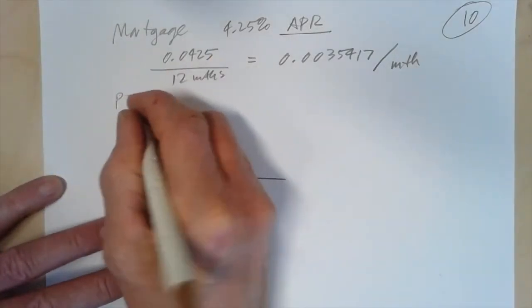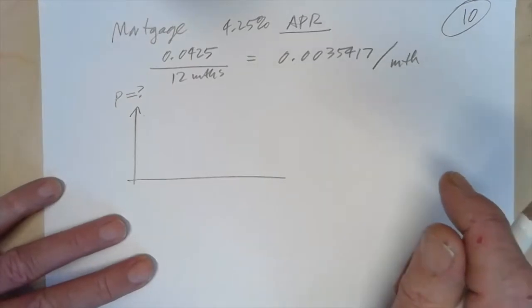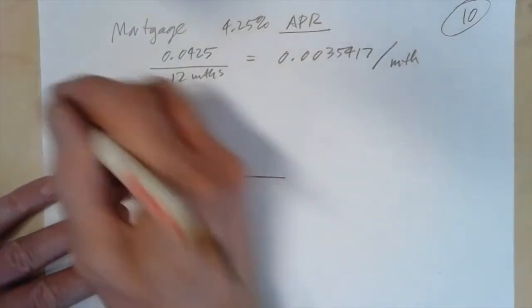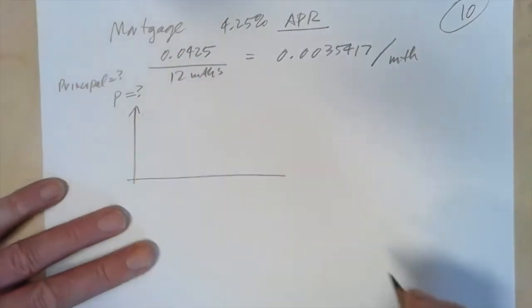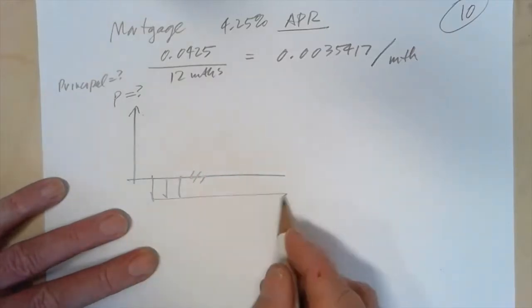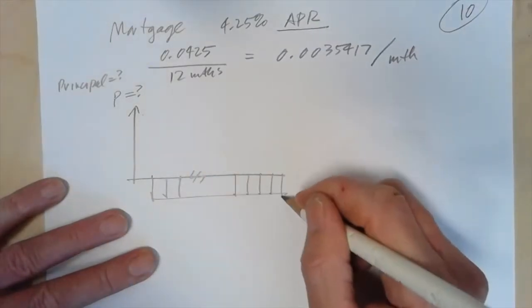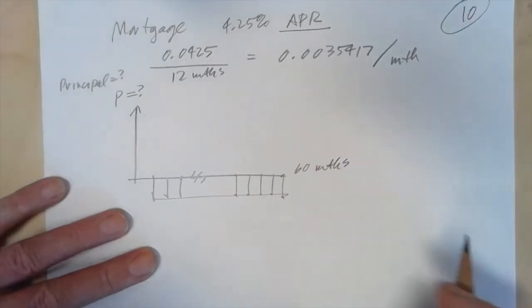Now, I don't know exactly how much I owe the bank, which is my principal. So I don't know what my principal is, but I do know this. I have 5 years left on my mortgage. Now 5 years is 60 months, correct?